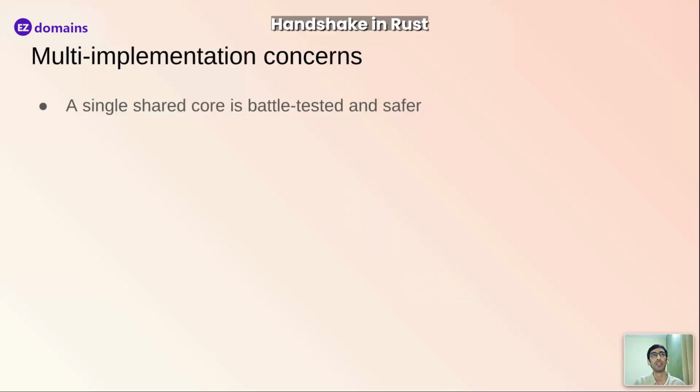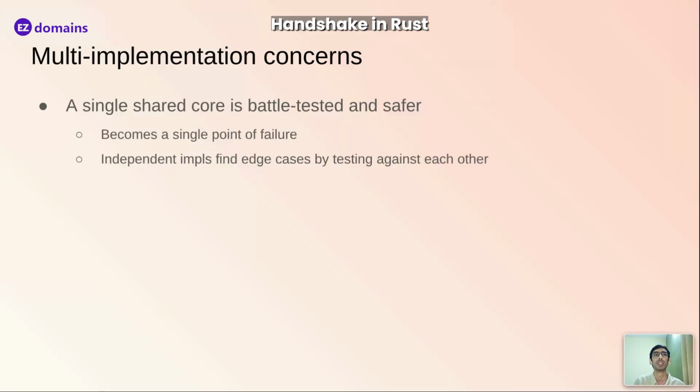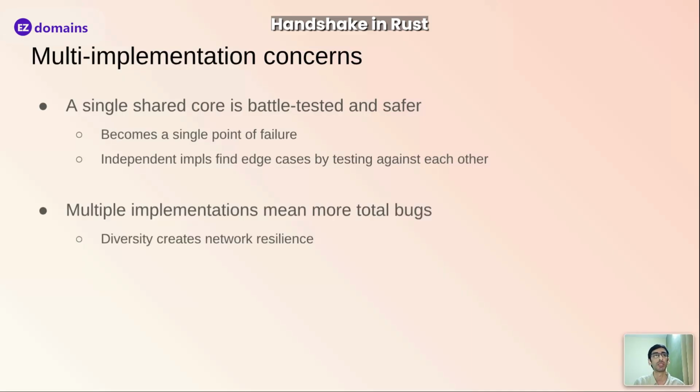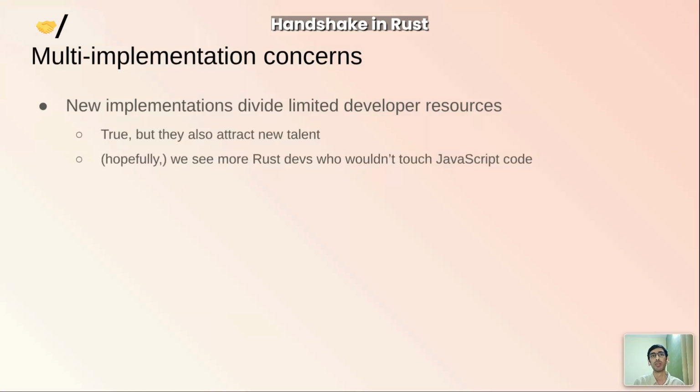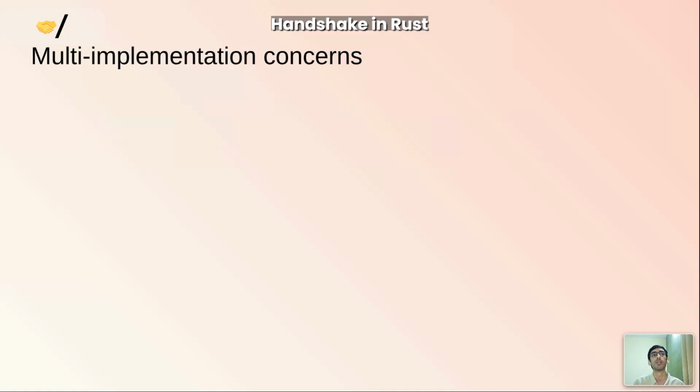One was that a single shared codebase is just balanced and safer. But the thing is, it becomes a single point of failure, and implementations can behave differently against each other. It just means more bugs. But the bugs usually take down one client and not the whole network. Then it does divide resources among devs in general.